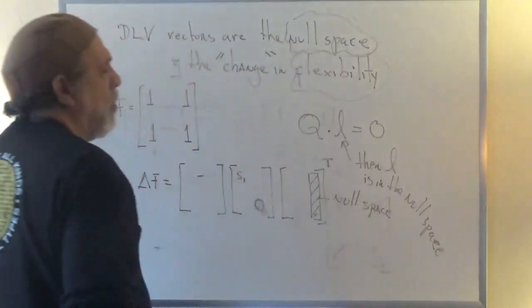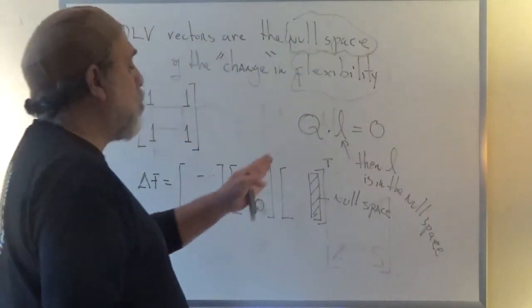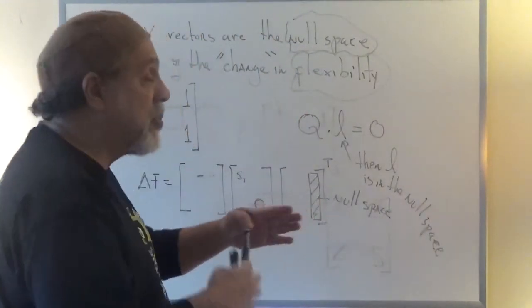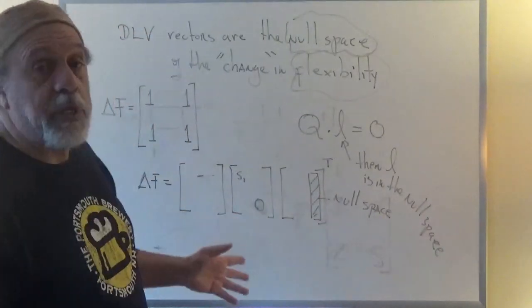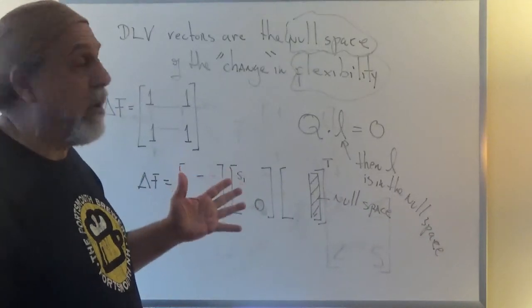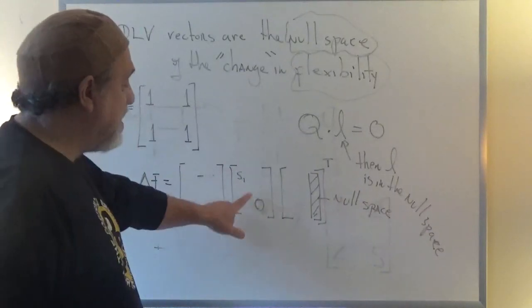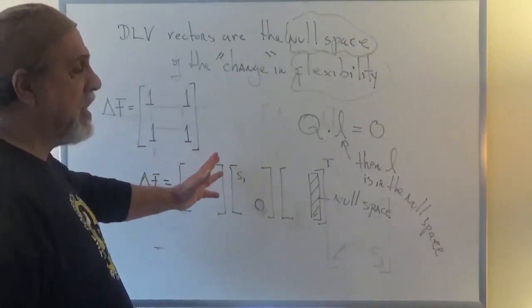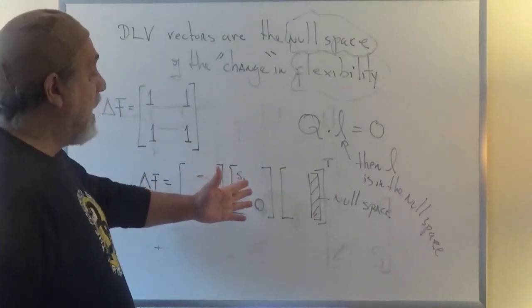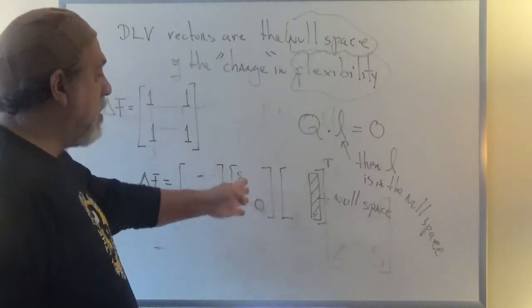The null space is not one vector, right? The null space is of some size. It could be one vector, like in this case, but it could be 2, it could be 3, it could be 4, depending on how many 0 singular values there are. Well, maybe not whatever, because if it's a 10 by 10 matrix, it cannot be 11. But it's some number, right?